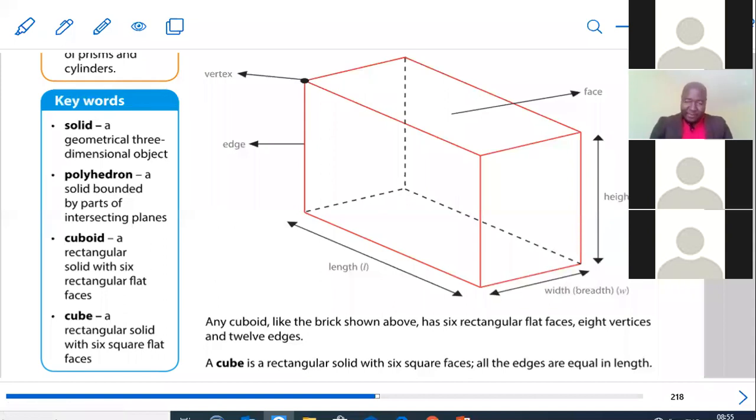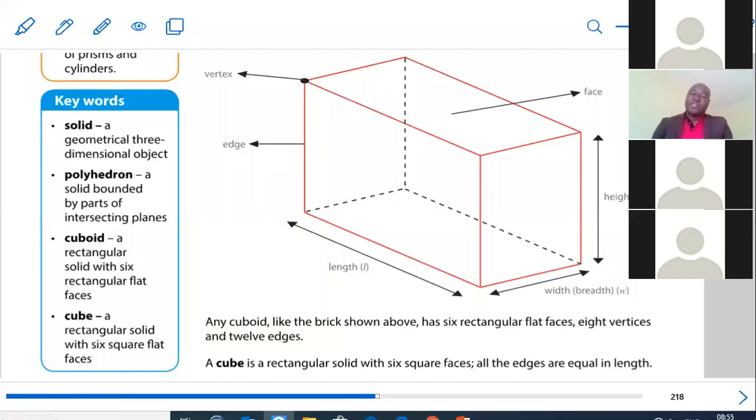The length, the breadth, and the height. And if you look at other things, the top, this whole roof, is known as the face.